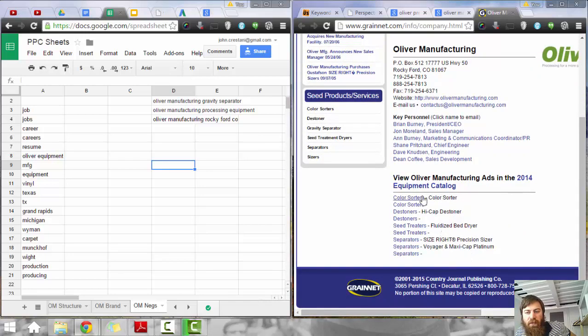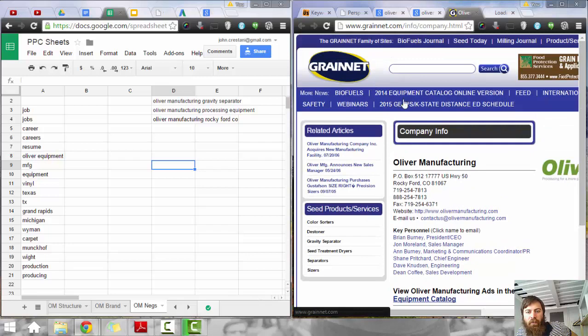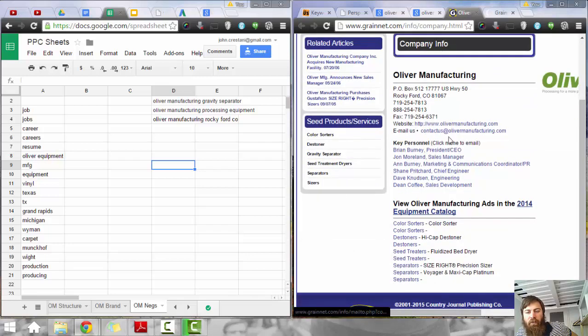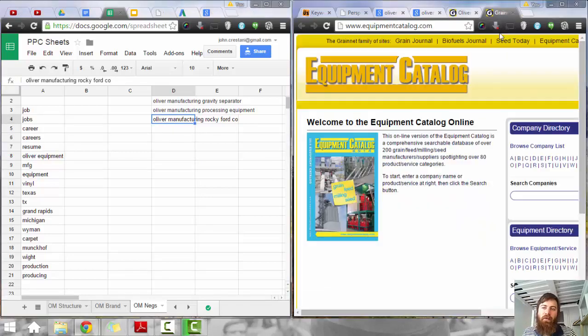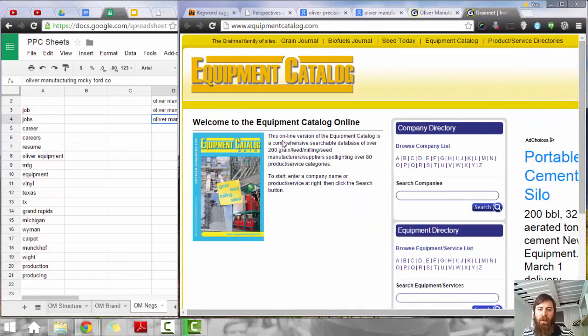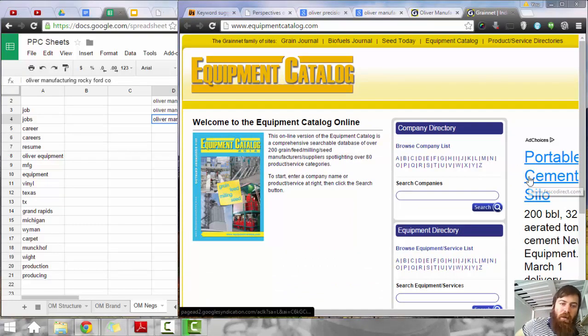All that says is, let's see. They have ads in the equipment catalog of Grain Net, so they must sell to a lot of agricultural people, and they have these sorts of big pieces of equipment here. So now we know, kind of an interesting thing from Google search history, that they might have been based there. Grain and feed farming suppliers.